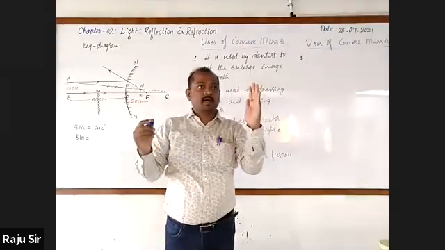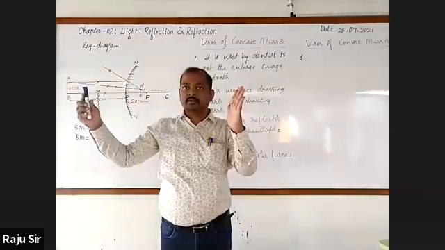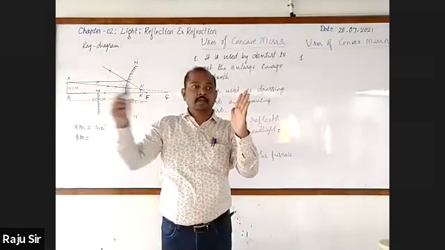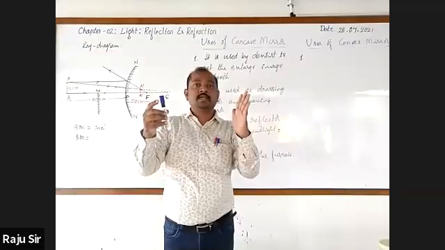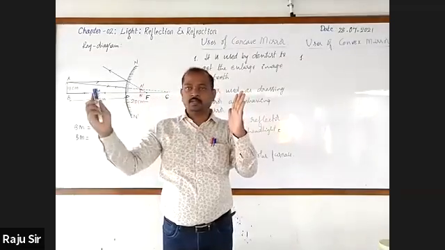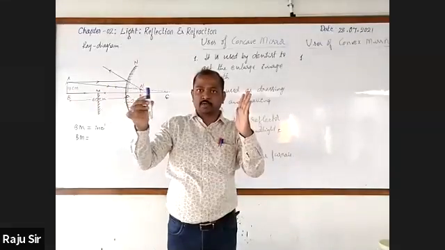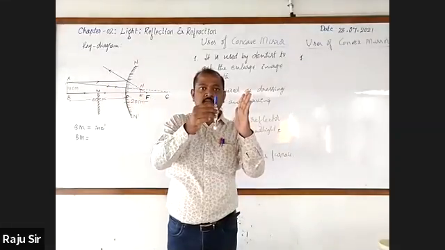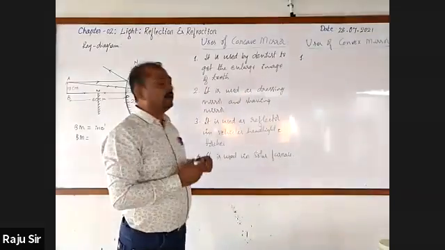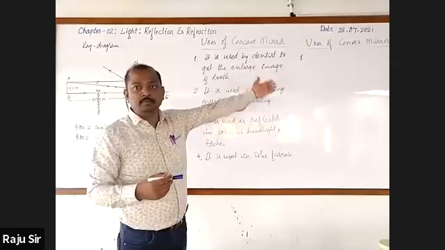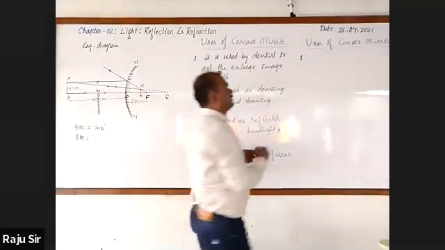A convex mirror gives a wider field of view. It shows the rear part of the vehicles, and we will always get an erect image. Also, as the object is brought closer to the convex mirror, the size goes on increasing. So that is why it is used as a side view mirror in vehicles.